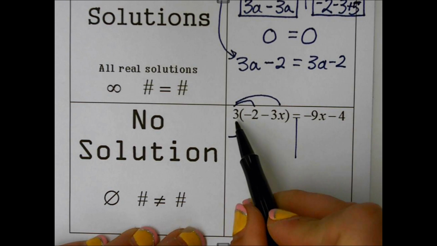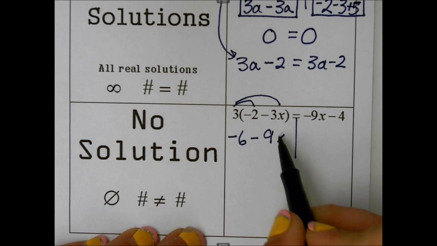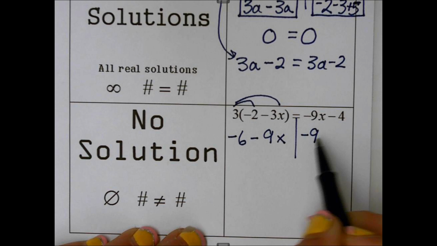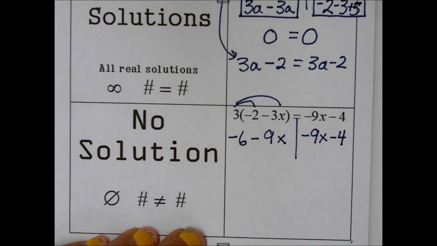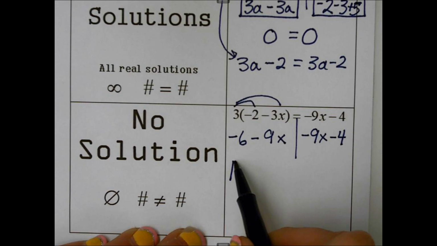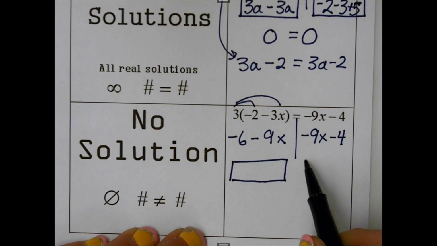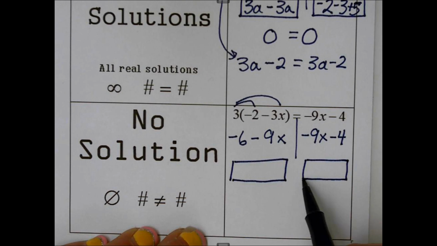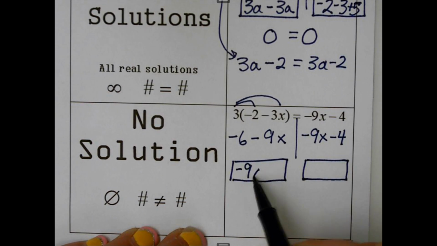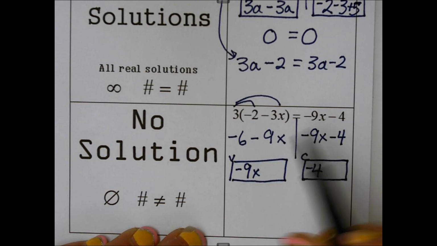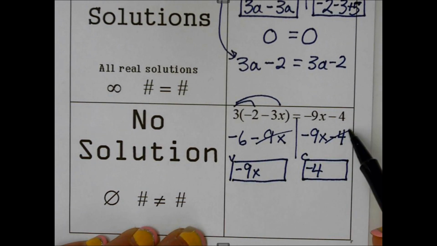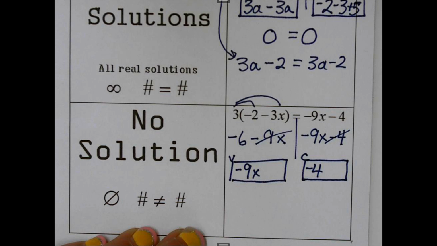Negative 9x stays. That's your variable. Your constant, negative 4, stays. And I'll go ahead and cross them out on this one just to help us keep track. The inverse of subtracting 6, or the opposite of negative 6, is to add 6. And then the inverse, the opposite of negative 9x, we're switching it to the opposite side, but the inverse of subtracting would be to add 9x.